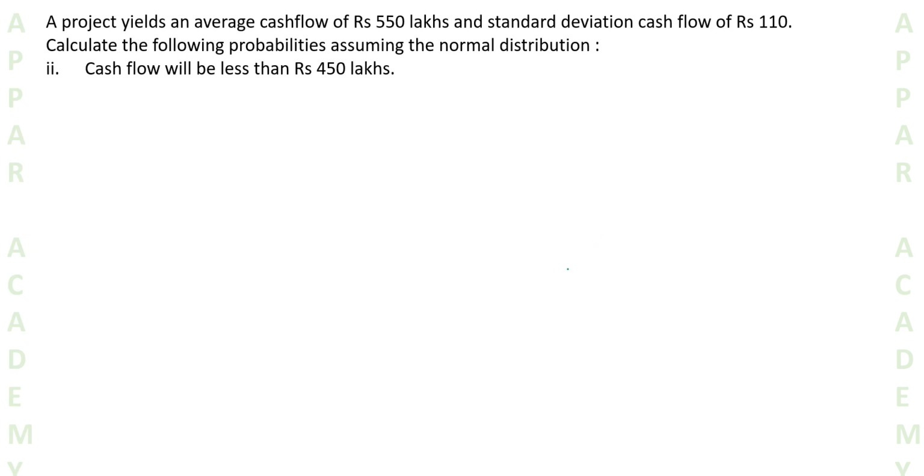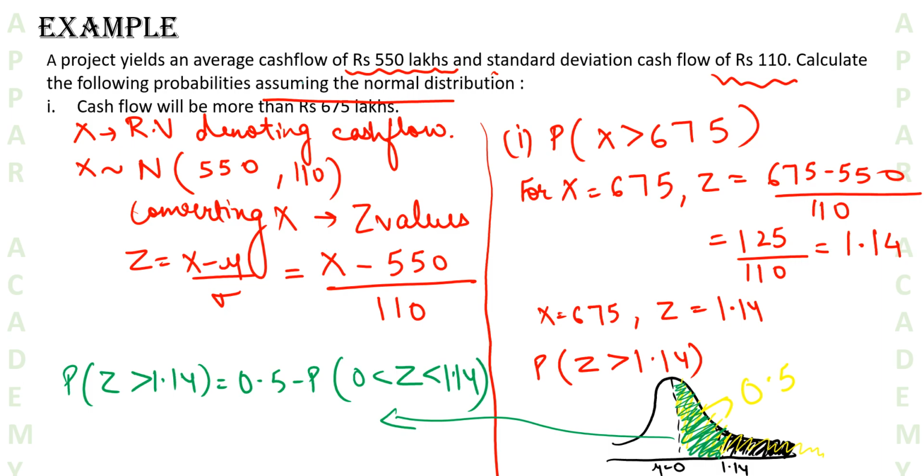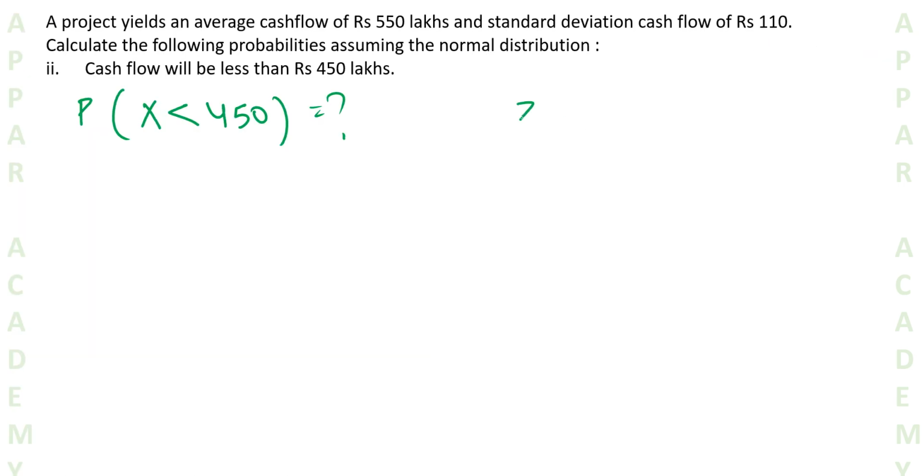Now, this is the same question. Cash flow will be less than 450 lakhs, right? So, we need to find the probability that X is less than 450. First of all, let's just copy down the Z figure from here. This was our Z: Z is equal to X minus 550 upon 110, right?